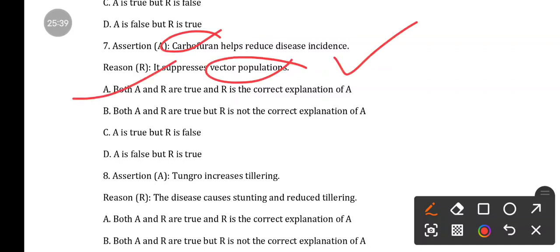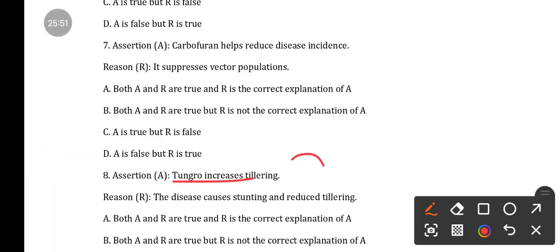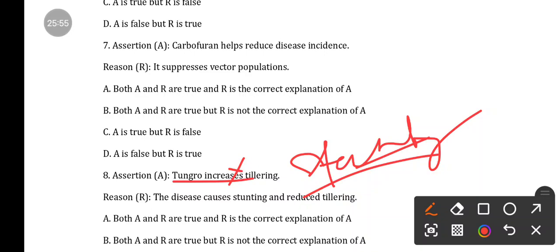Then question number 8, assertion: Tungro increases tillering. No, it reduces tillering. The disease causes stunting. So it is false. Then reason: the disease causes stunting and reduced tillering.